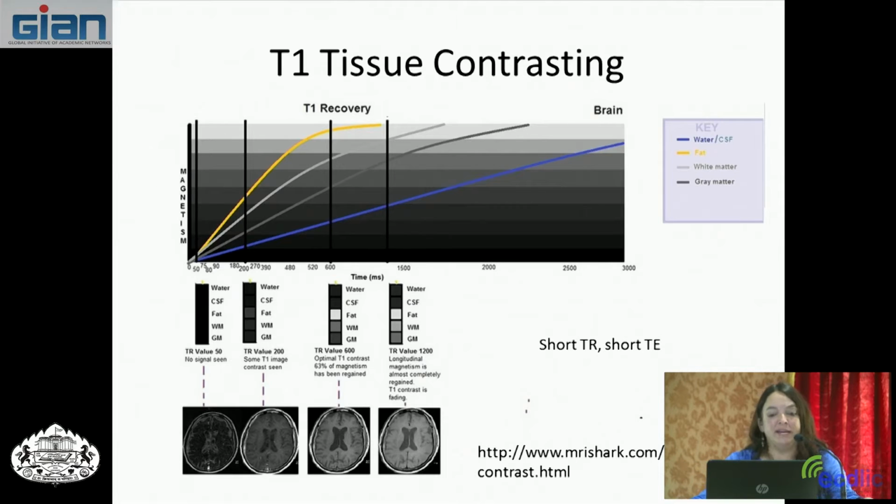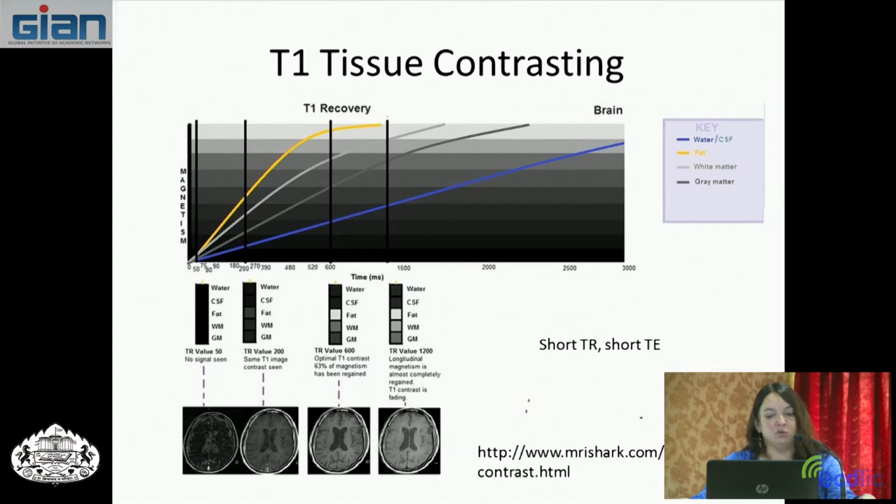Now, if we wait till these start to recover, then we start to see a separation in the tissues because the different tissues are going at different rates. So the second image here shows if we wait about 200 milliseconds, we see some T1 contrasting, but it's not ideal.